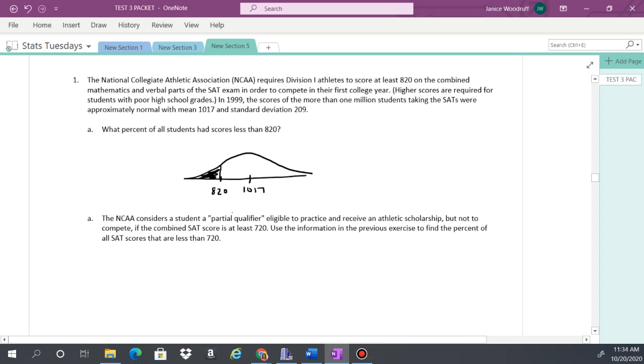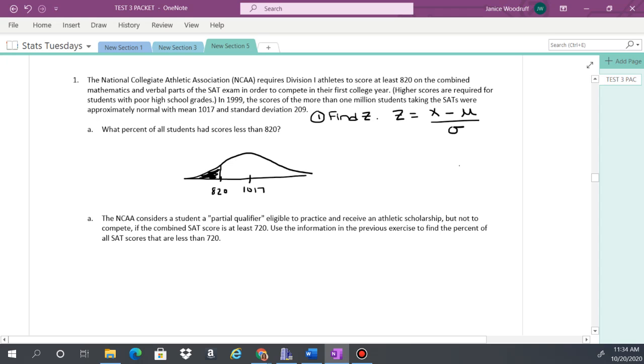So to find the area under the curve, we find the z-score. The first thing that we're going to do for this problem is find the z-score, which means z equals x minus the mean over the standard deviation. So if they want the percent, you find the z-score.